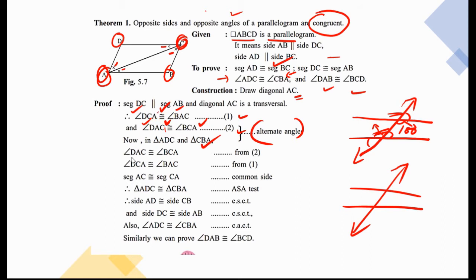We can copy it here. In that case, from 2 and 1, we can conclude that DAC is congruent to BCA, angle DCA is congruent to BAC because they are alternate angles, and the diagonal which we have drawn just now is common for the triangles. So by the ASA test, we can say that these two triangles are congruent.